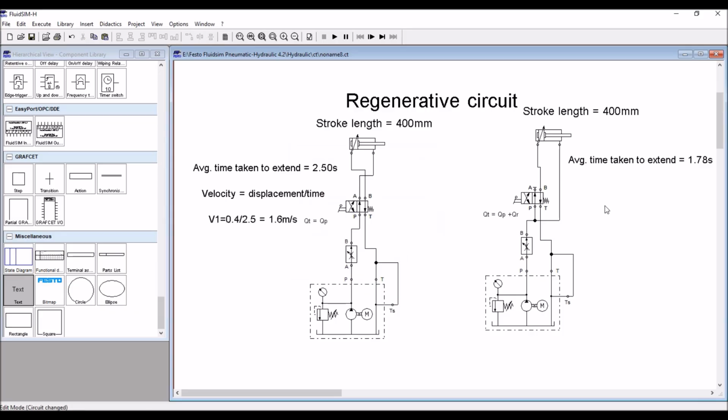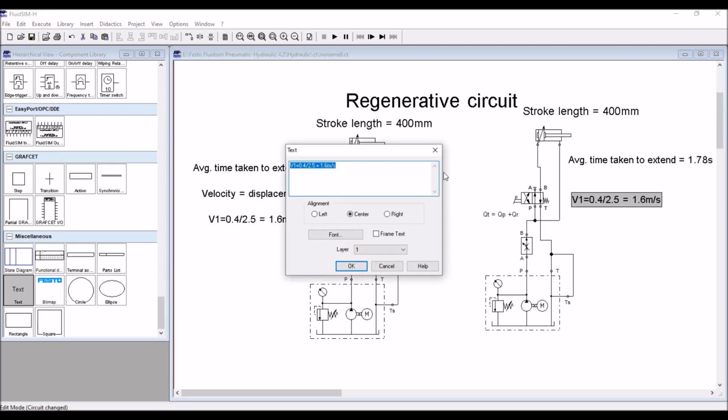Whereas V2 is nothing but 0.4, because 400 mm you convert to meter, divided by 1.78 is equal to 2.2 meter per second.